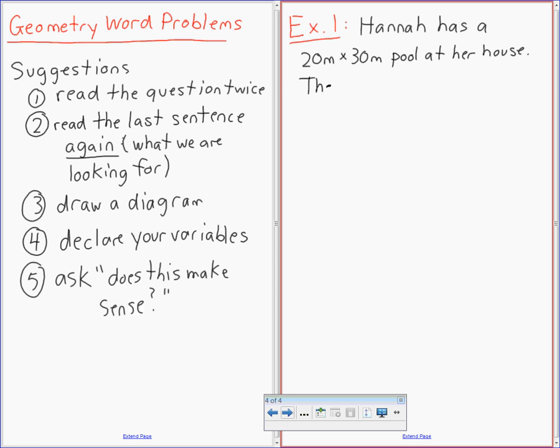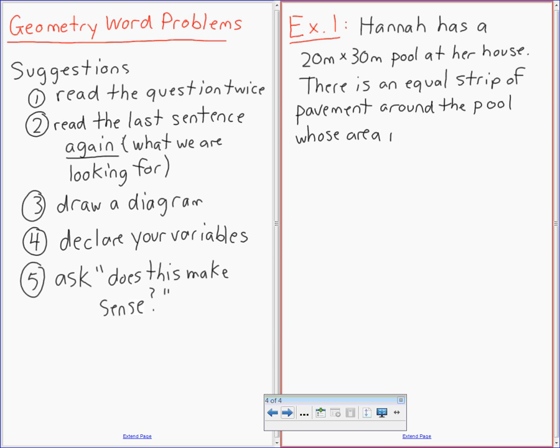There is an equal strip of pavement around the pool whose area is equal to the area of the pool. Find the width of the pavement.